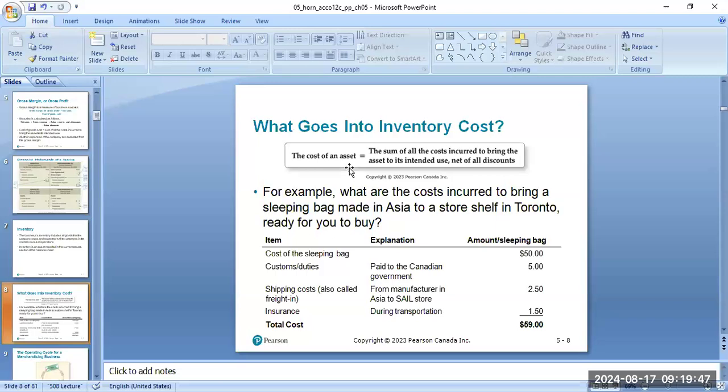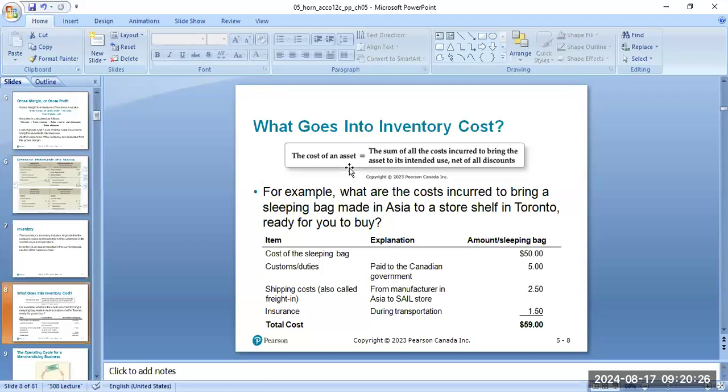Now the question is, how much does our inventory cost us? Well, the cost of our inventory will be the same as with other assets. That will be the calculation of all the costs which are incurred to bring the asset to the intended use, which in this situation is for sale, less any discounts and allowances.